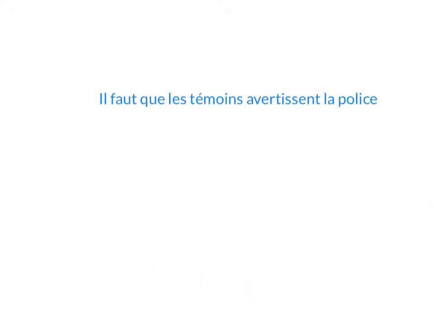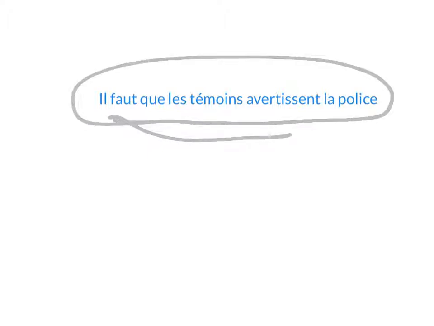And I'm sure you'll be delighted to hear that you can also have the passive form with the subjunctive. So we've got a sentence here in the subjunctive. Il faut que les témoins avertissent la police. So again, to put that into the passive form, we're going to need to use être in the subjunctive and use the past participle of avertir.